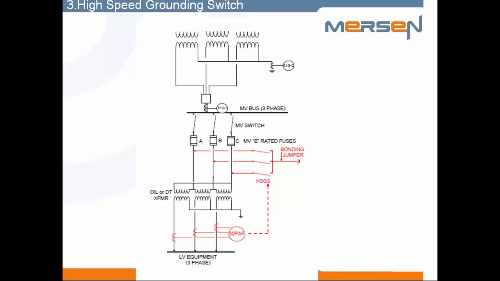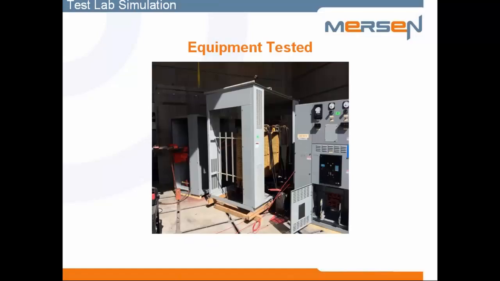The best way to gain a good understanding of how this system operates is to review the results of a high-power test lab demonstration. In this particular case, we used a 3000 kVA transformer, 1247 to 480. On the left, you'll see the fuse load break switch in which the high-speed grounding switch was inserted.